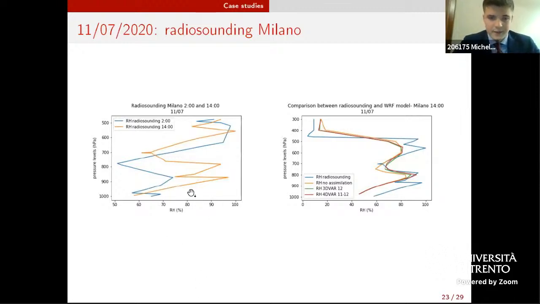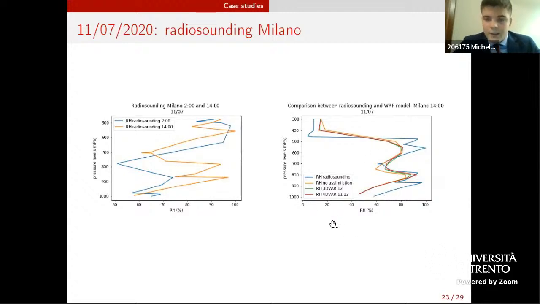On the left, you can see the relative humidity profile reported by the radio sounding of Milan in blue at 2 a.m. and in orange at 2 p.m. So you can see that in 12 hours, there is a decisive increase of relative humidity in the lower levels.